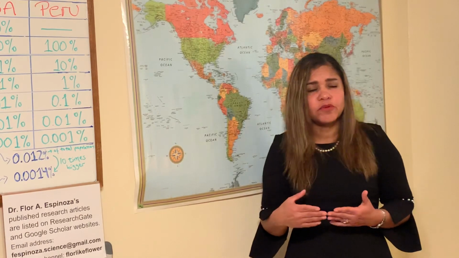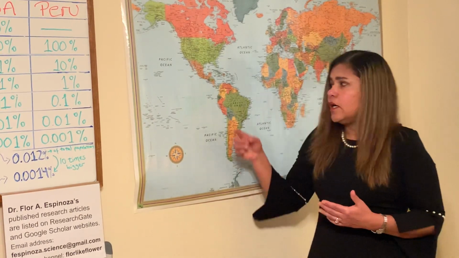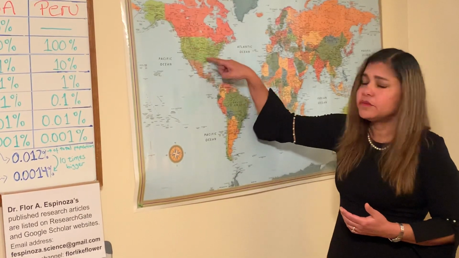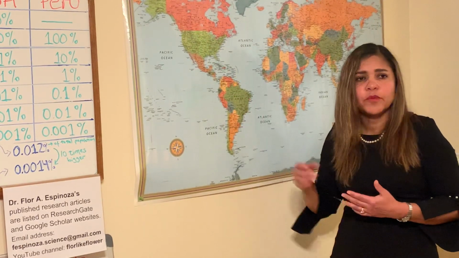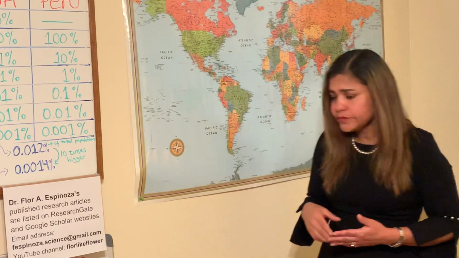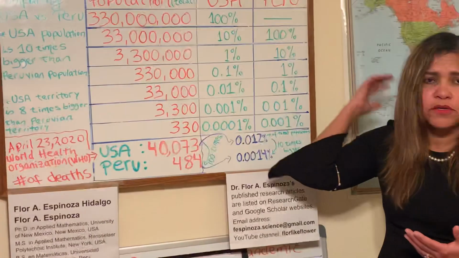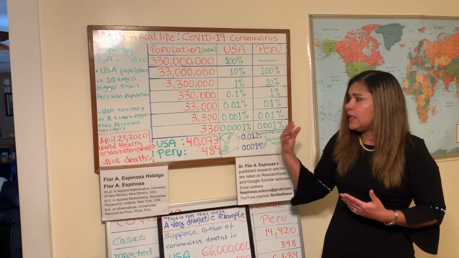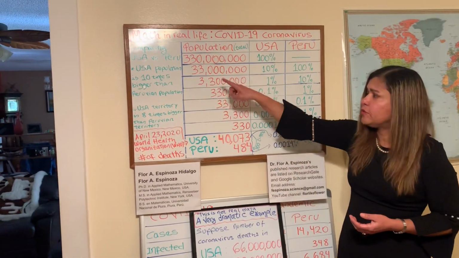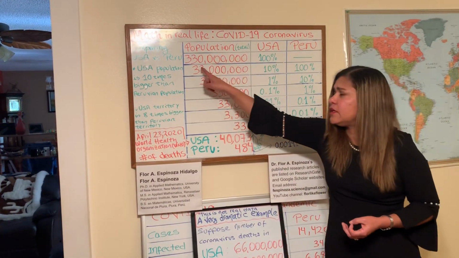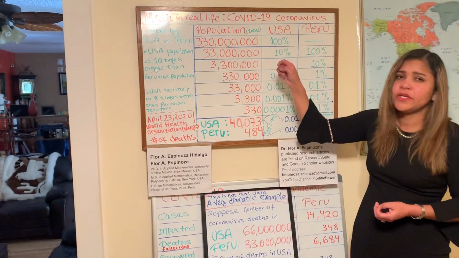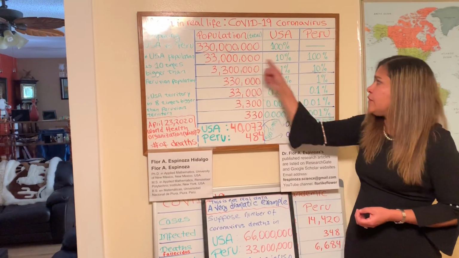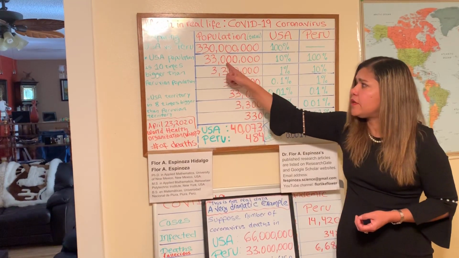Now, in terms of population size, the population of the United States is roughly 10 times the population of Peru. And in this table, I'm going to show the total population of both countries. Approximately, the total population of the United States is 330 million people, that's 100% of the population of the United States, while the population of Peru is 33 million people.